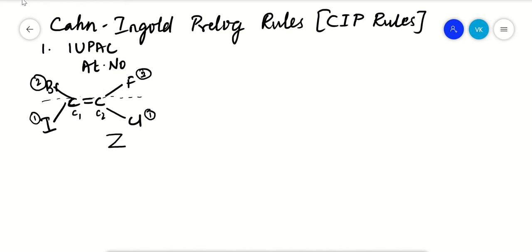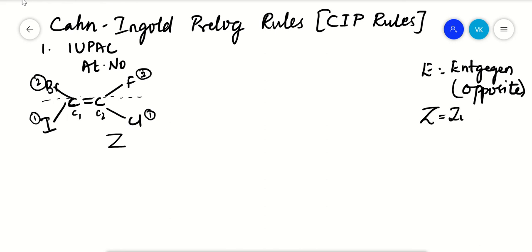Z and E configurations are based on German terms. E itself means entgegen, which means opposite. Z itself means zusammen, again a German term, which means same. A small mnemonic here is same.